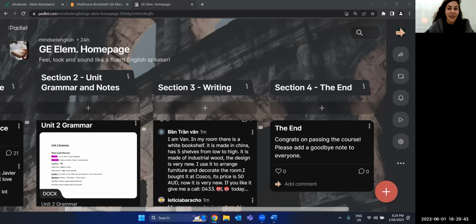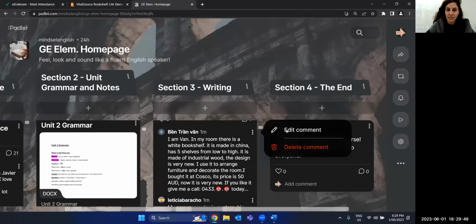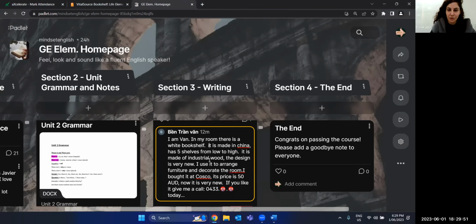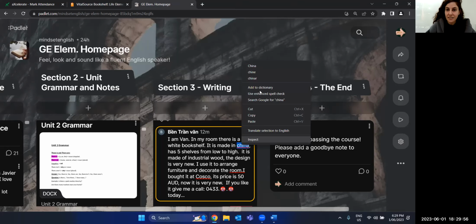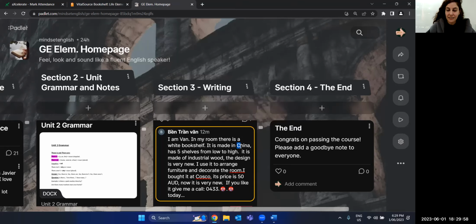So the first one, I am Van. In my room, there is a white bookshelf, full stop. So the next sentence needs to start with a capital. There is a white bookshelf. It is made in China. So countries need to have capital letter. And no comma. It is made in China and has 5 shelves from low to high.